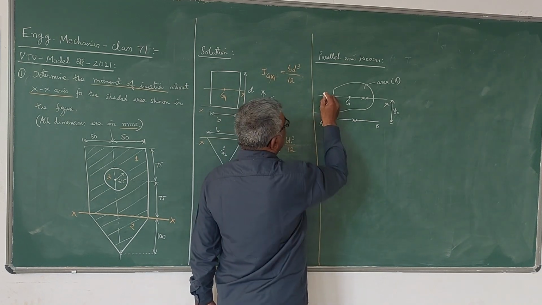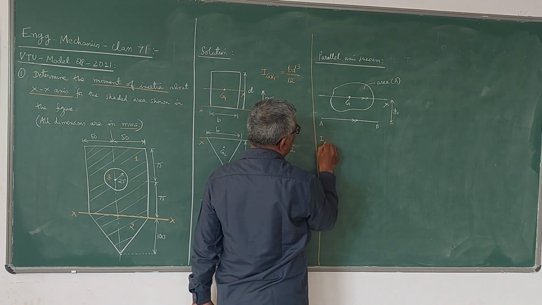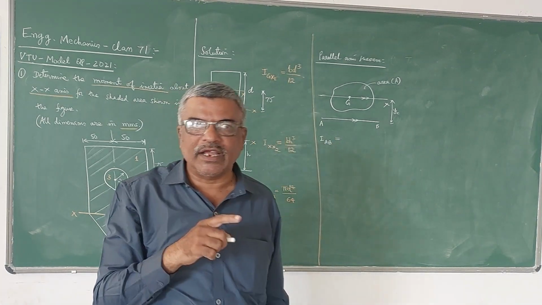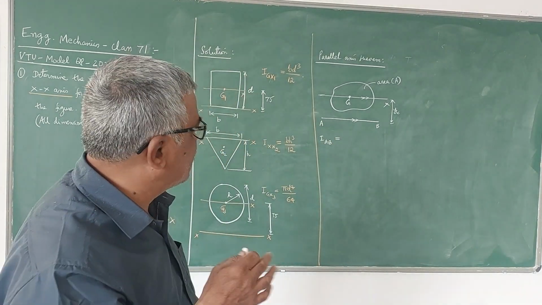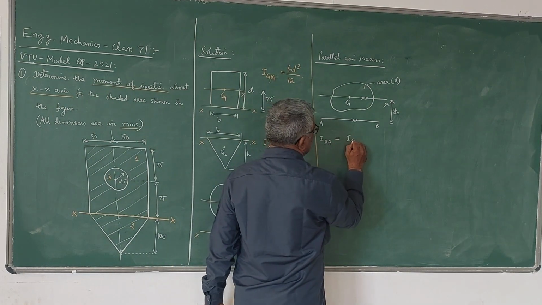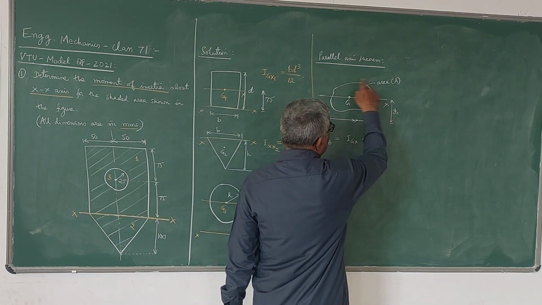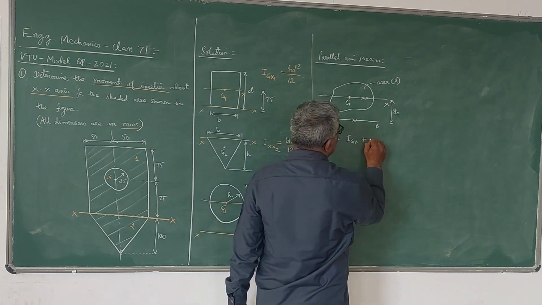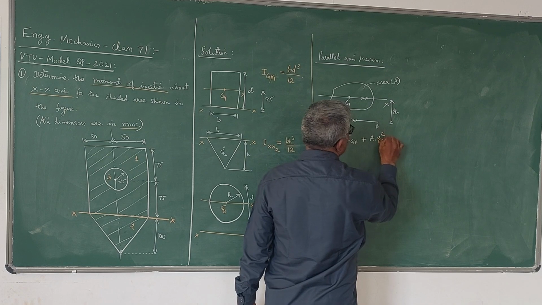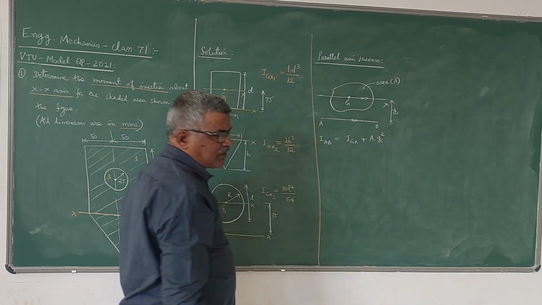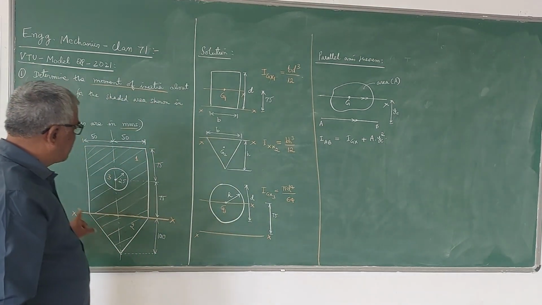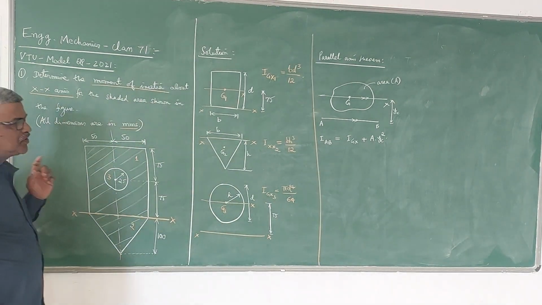Then according to the parallel axis theorem, if you want to find IAB, the moment of inertia of the area about any parallel axis, it will be equal to IGx, the moment of inertia of the area about its centroidal axis, plus the area into yc square, distance square. So this is the parallel axis theorem. Now using this theorem, we can find out the moment of inertia of this composite section.